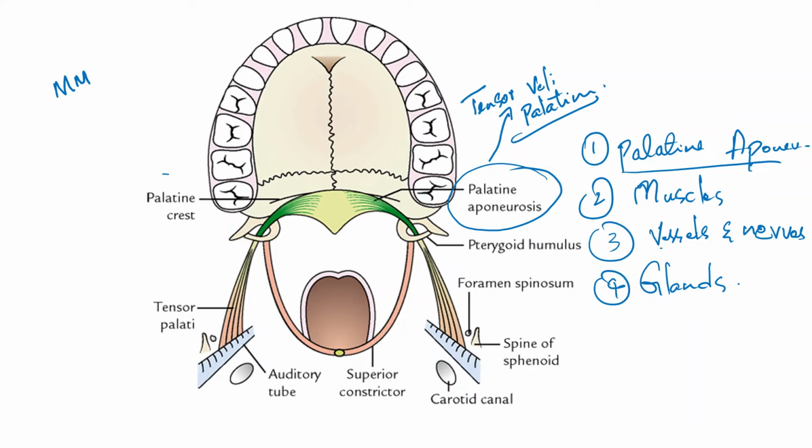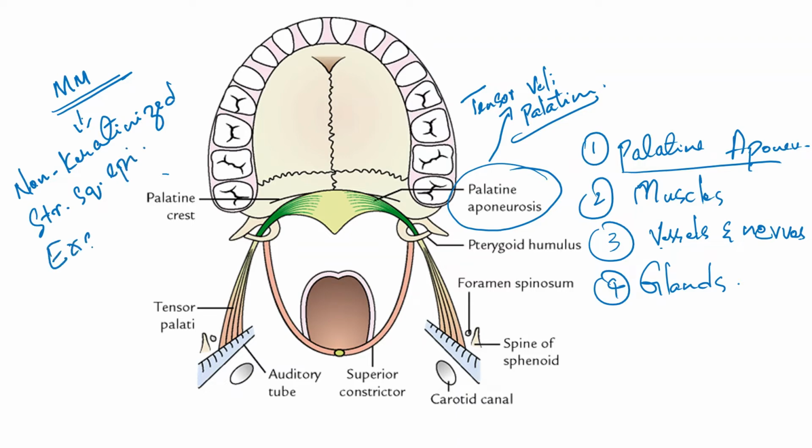The entire mucous membrane of the soft palate is covered by non-keratinized stratified squamous epithelium, except the area along the upper part of the posterior surface, which is lined by ciliated columnar epithelium, as this part is facing the floor of the nasal cavity.